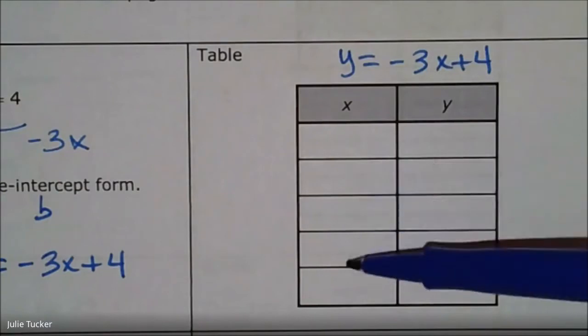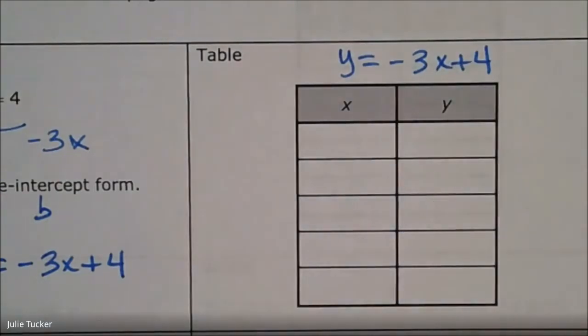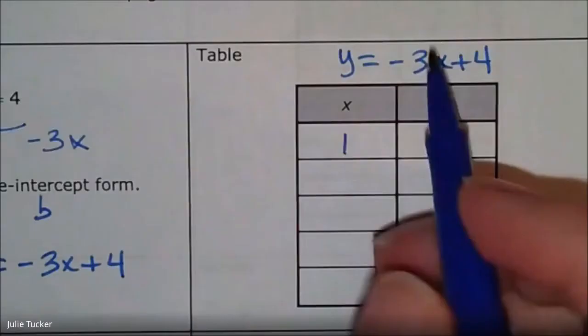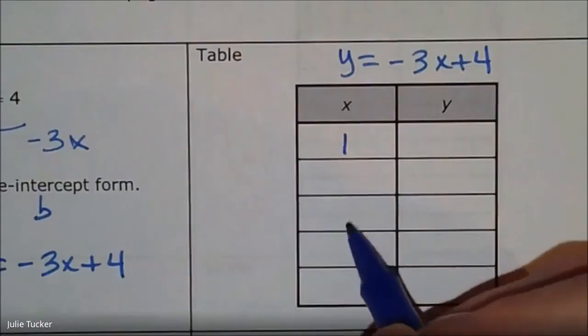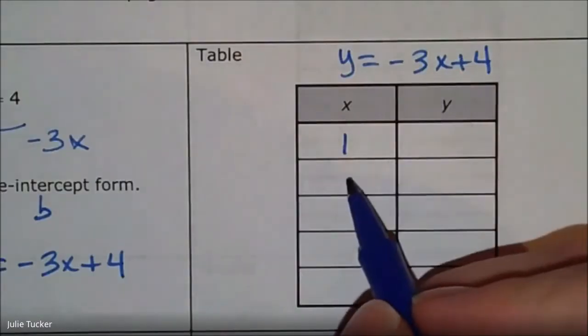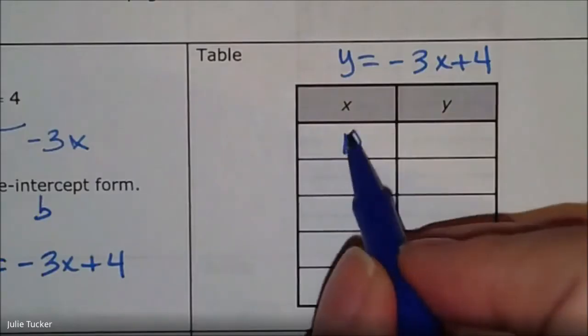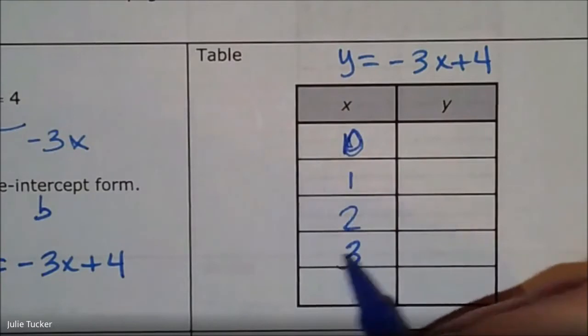So what numbers would you like me to put in the table? 1, 2, 3, 4, like that. Yeah. Let's start with 0. That's an easy one. And then we'll go 0, 1, 2, 3, 4. Okay.